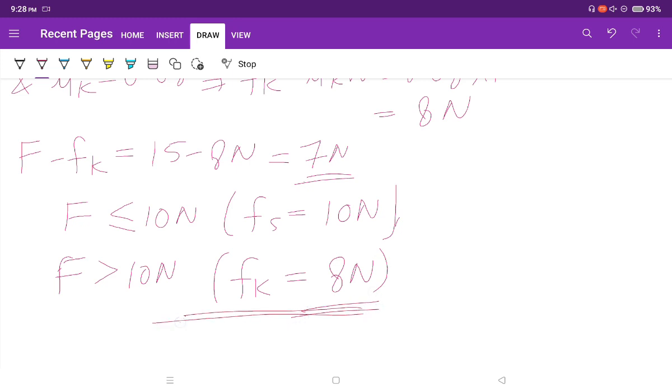So this is the case where you see the nature of friction changes: it starts with static friction, then reaches the limiting value of the friction, and then when the transition happens from static to kinetic, the friction value decreases to 8 newton, which depends on the kinetic friction coefficient. Correct? Thanks.